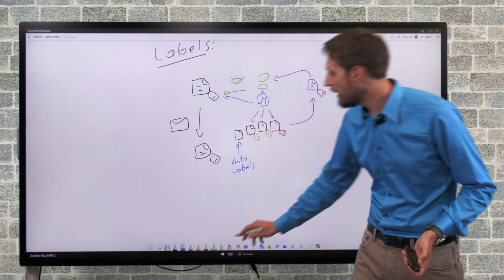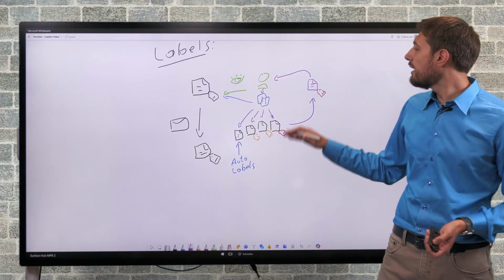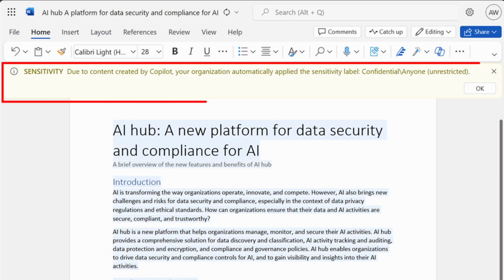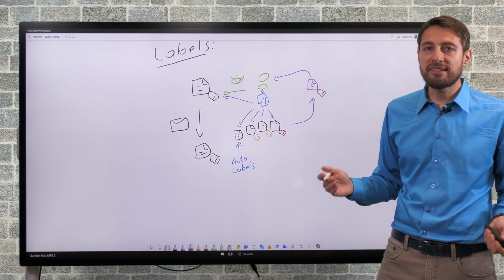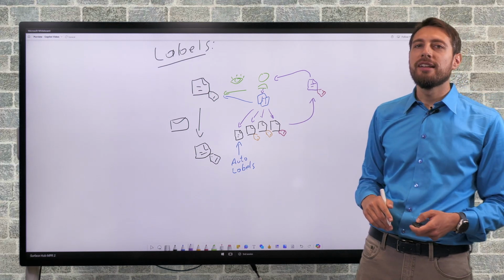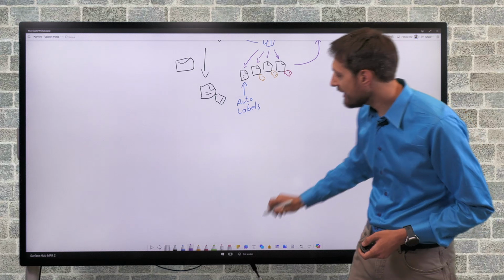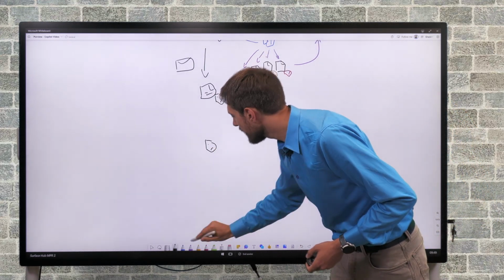Then, if Copilot draws information from this document and accesses PII data, it will automatically label the output confidential, even if the original data was unlabeled. This already strongly enhances our data security and compliance options with Copilot. But wait, there's more. Sensitivity labels actually have another trick up their sleeve, and that is that they can apply encryption.